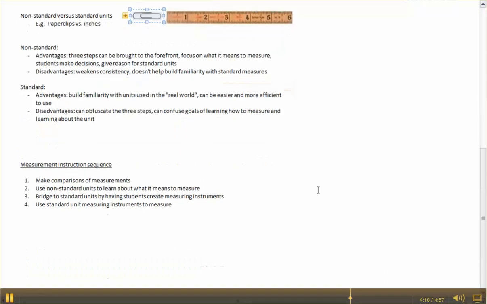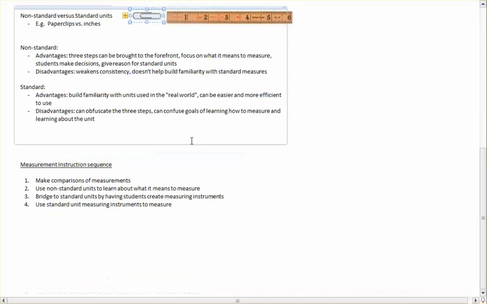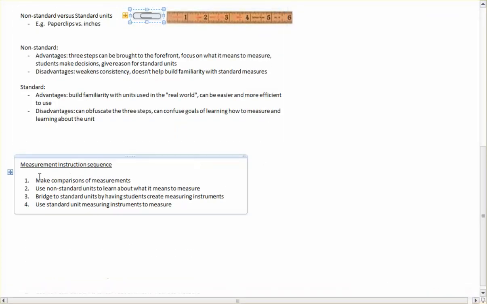Here is a sequence that can help students learn to measure. We start with very young students by making comparisons of measurements, looking at which of these two things is longer, but then we move into using non-standard units to learn about what it means to measure. Ultimately, the goal is to get to using standard units and measuring instruments to measure. How do we get there?